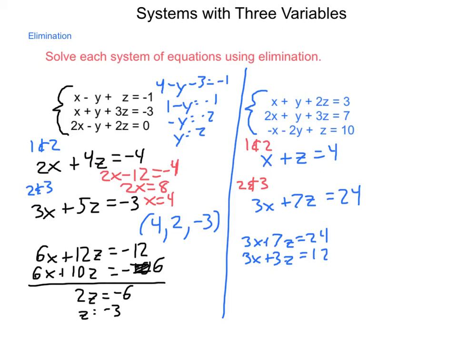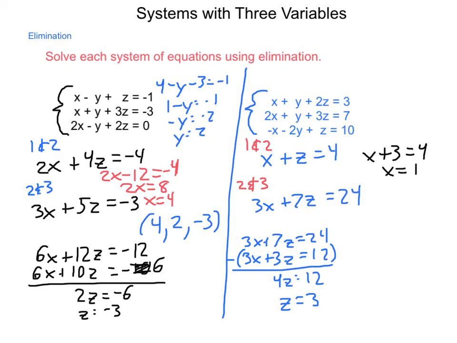And then I will subtract these from each other, giving me a new equation of 4z equals 12, so z equals 3. Once I have that, I start substituting back up. I'm going to go next to my combined equations 1 and 2. I have x plus 3 equals 4, so x equals 1.